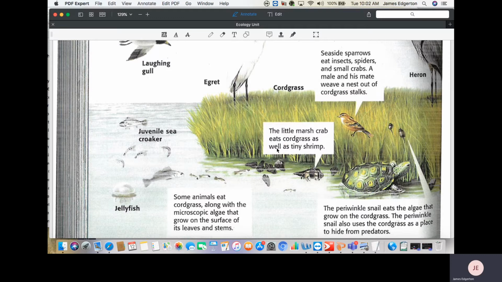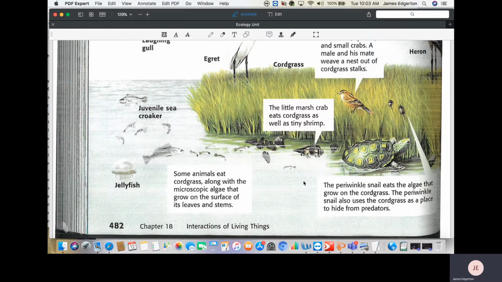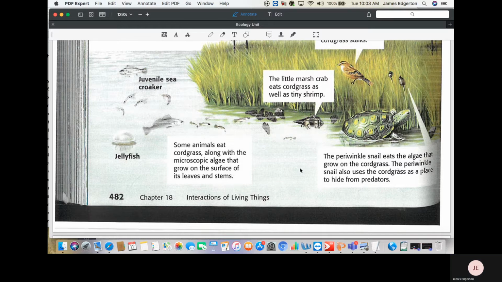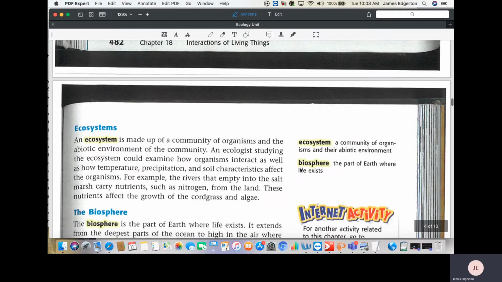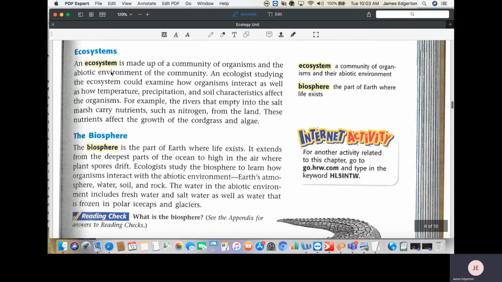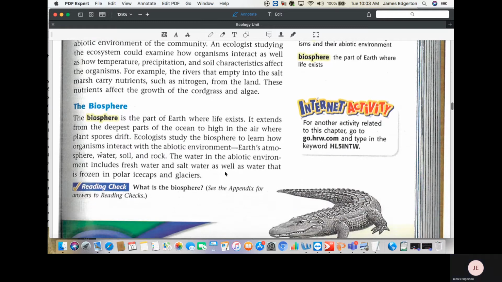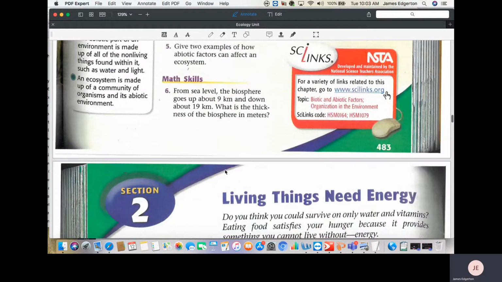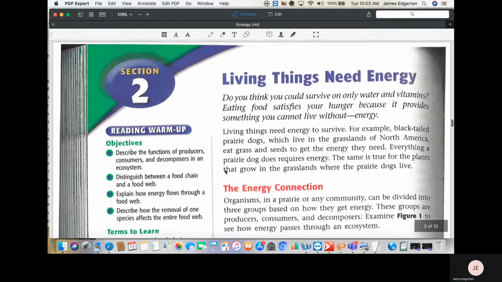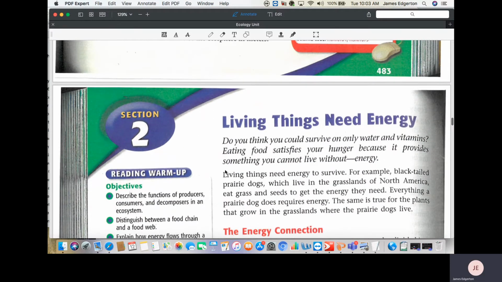In tidal marshlands, you have a combination of ocean life and river life, and then unique life that exists in the marshlands themselves. Just very diverse ecosystems. Again, here we're talking about ecosystem and biosphere, which we've already mentioned. I might end it there just for today.